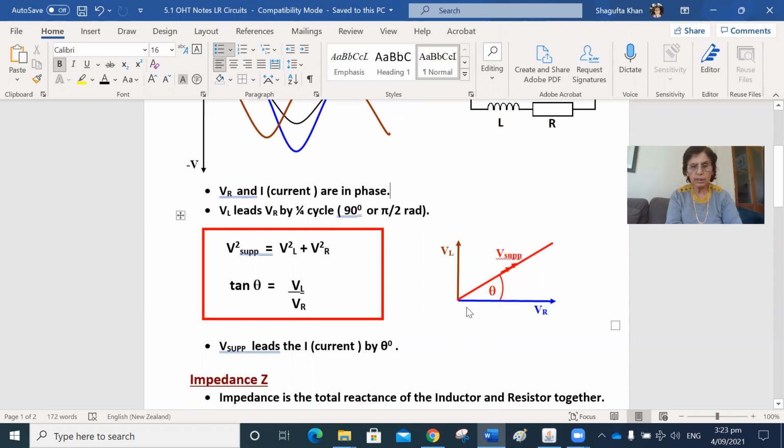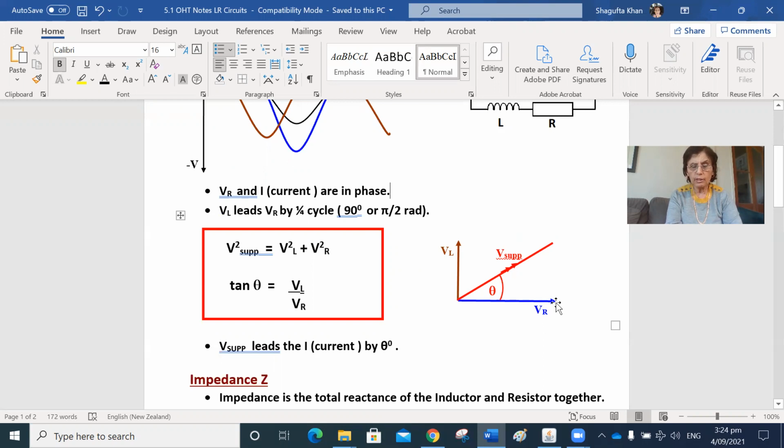The current phasor will also be along here. Voltage across the inductor is up here, and these phasors always move in an anti-clockwise direction, so their angular velocity is anti-clockwise. We can see from here also that the voltage across the inductor is 90 degrees ahead of the voltage across the resistor.